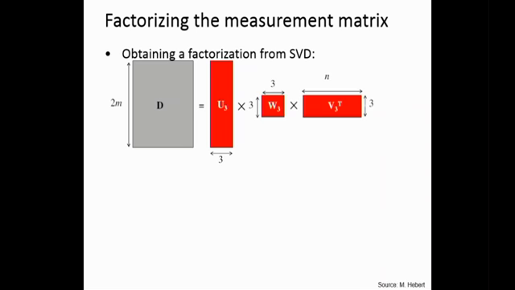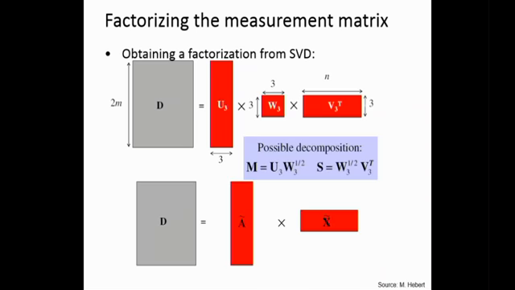So now I've got this factorization, and so I can create some initial estimate of my affine matrix and my 3D points just by pre-multiplying or post-multiplying this matrix by W square rooted. W is just a diagonal matrix, so the square root is just the square root of the elements.